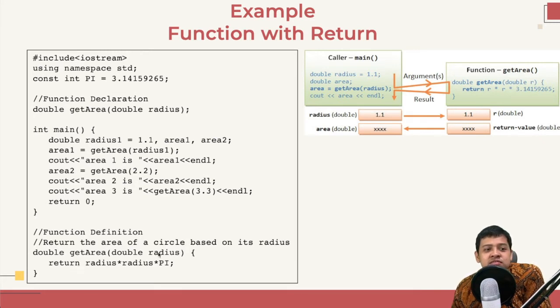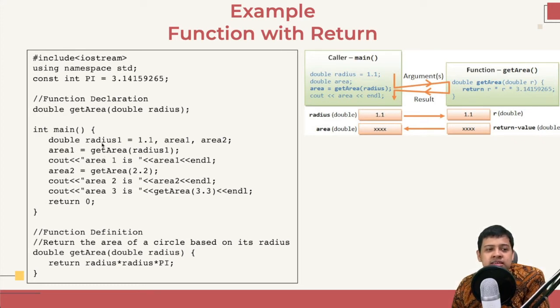So return 4 here, the value will return over here, like replacing the calling. Just imagine that the value itself is replacing the call. So rather than having get area and radius 1 over here, we have the result value, which is 4, and then 4 is inputted to the area 1 variable.